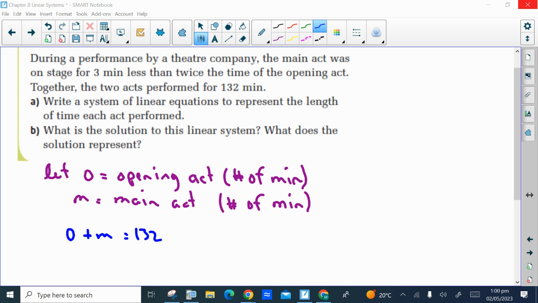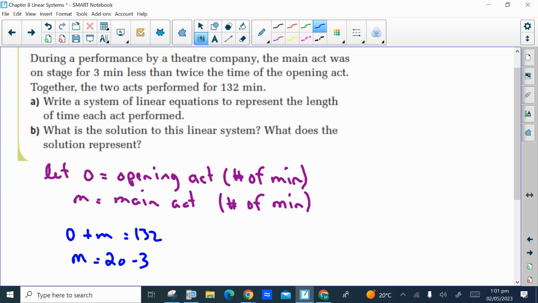It says the main act was on stage for 3 minutes less than twice the time of the opening act. So the main act M will equal 3 less than twice the time of the opening act. Twice the time of the opening act would be 2O, and then it's 3 minutes less than that. So 2O minus 3. There's our second equation.